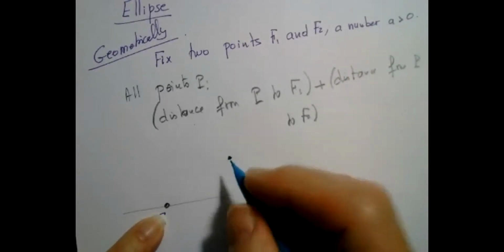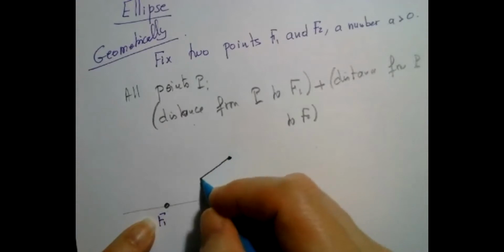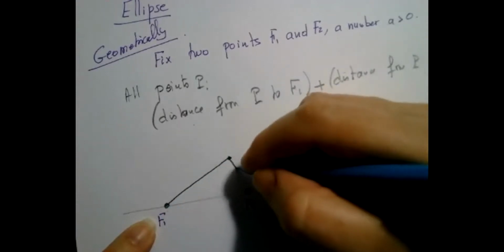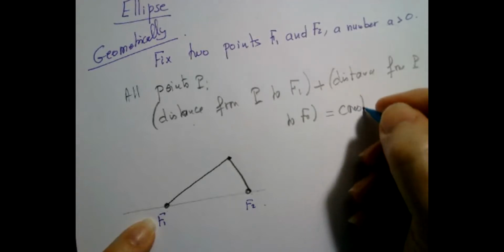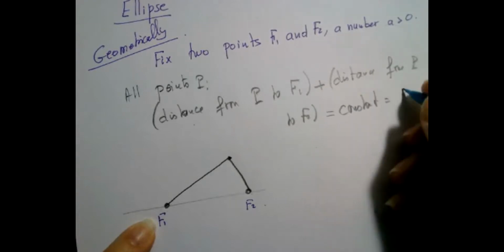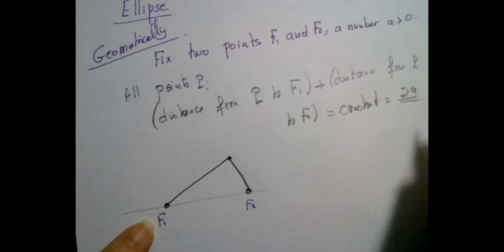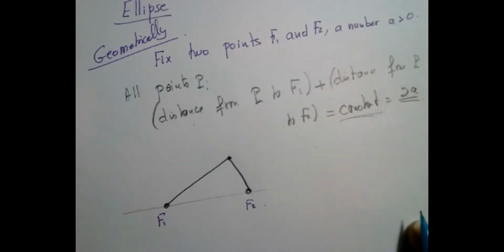I'm taking all the points such that the sum from here to here plus the sum from here to here is fixed, is a constant, doesn't change. And usually it's a 2a, but don't worry about it, just worry that it's a constant number.